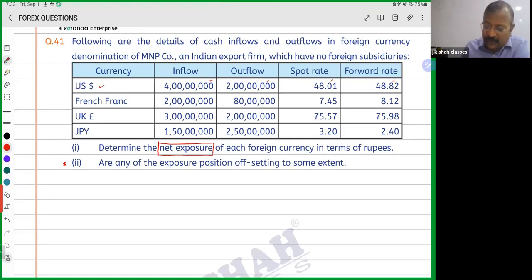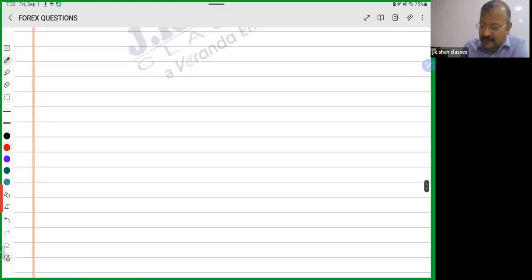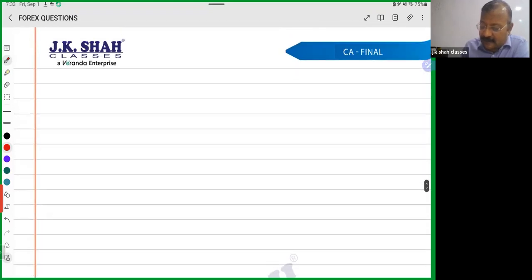Now see, what do we mean by net exposure? Let us understand. Let's say you have a receivable of $1 lakh and you have a payable of let's say $80,000.